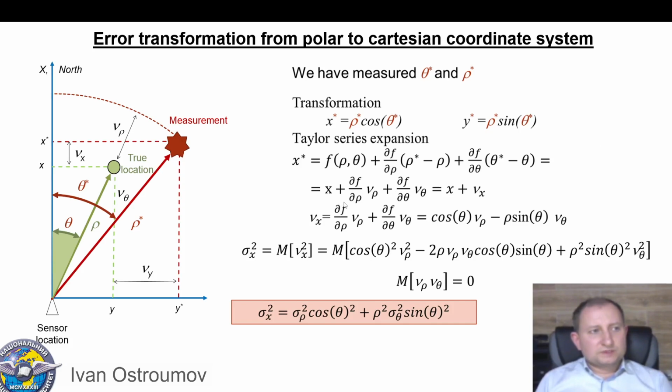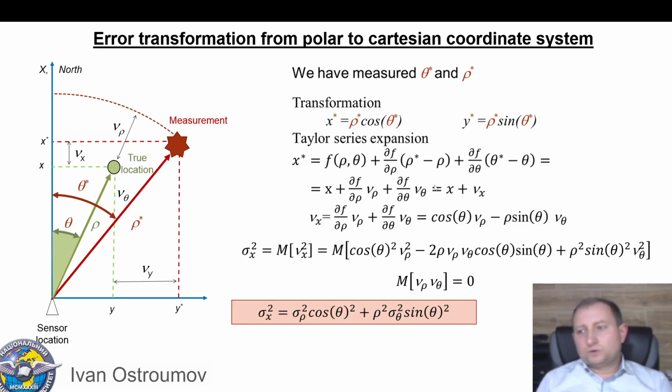Otherwise, we can represent it as true value x, which we do not know, plus derivatives by rho multiply with eta rho. Eta rho in my graph, it is measured error of distance measuring, plus first derivatives by theta multiply with eta theta.